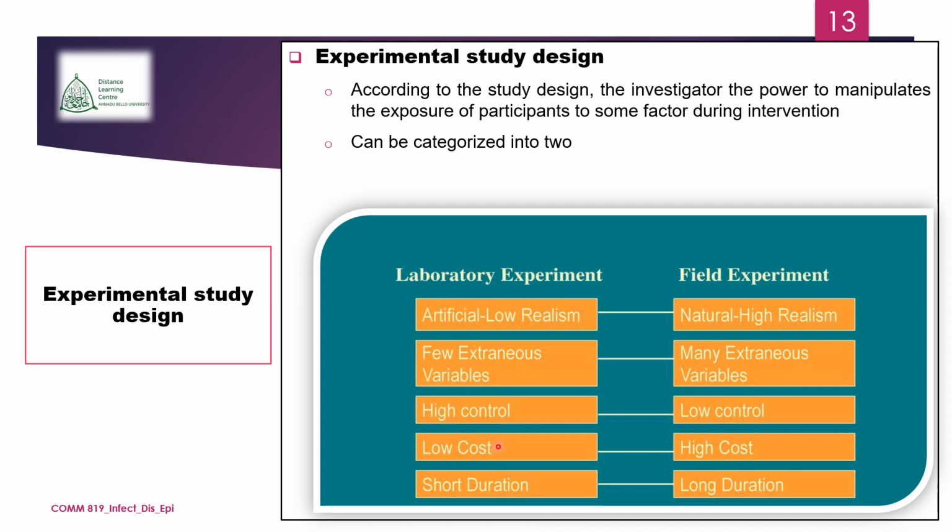Then generally with laboratory experiment you don't need to spend much, and usually they operate at low cost, though not all. If you're going into molecular study, you need to look at the genome. Lab experiment can be very expensive, but generally they are of low cost.